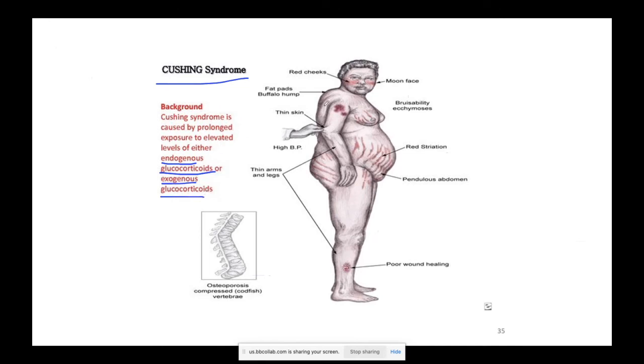And when cortisol levels are very high, you get this very round face, you get these red cheeks, you get this buffalo hump on the back, you get red stretch marks, they're called striations or purple striae. You get this large pendulous belly. There's poor wound healing. And the arms and the legs are always much thinner than the midline, right? They have this large, big belly, and then the legs and arms just don't match up, okay?